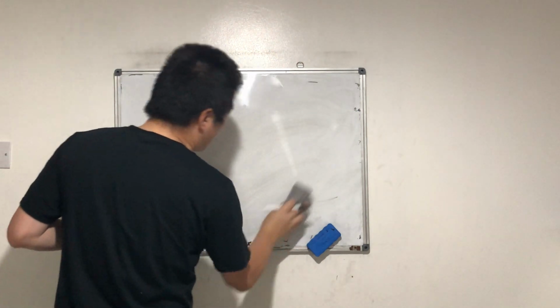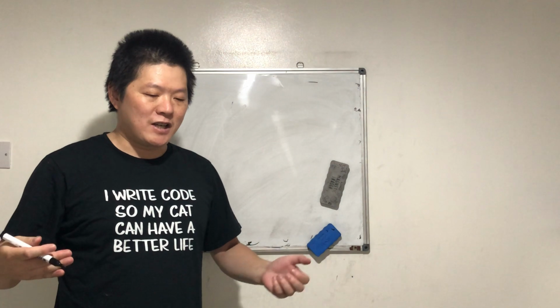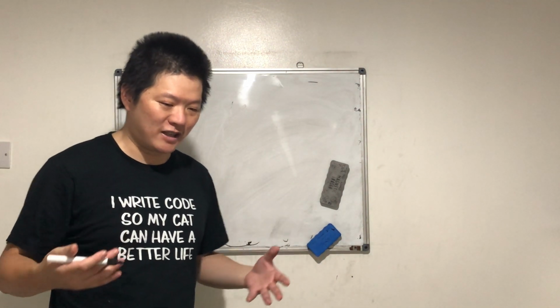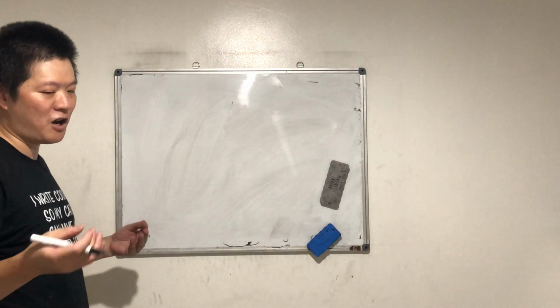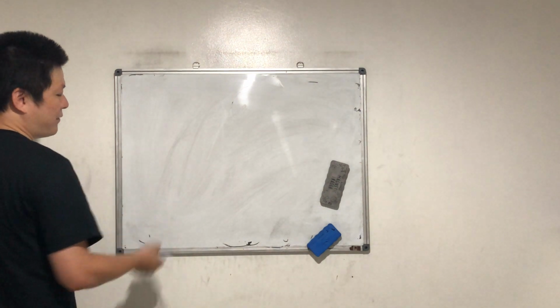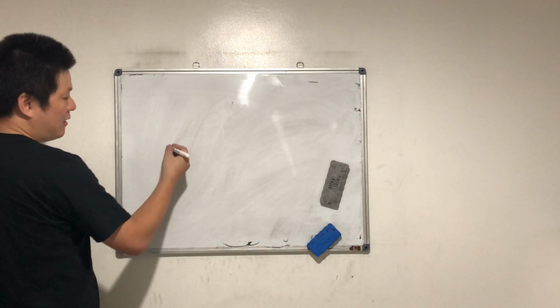So if n is an even number, we divide it and then square. If n is an odd number, we reduce by 1. So at the beginning, what should we give to the answer? It's identity.